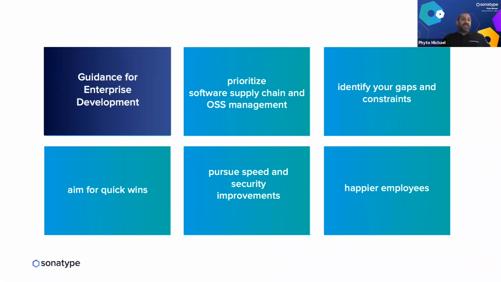Pursue speed and security improvements of those components, and really understand how quickly you can invoke those improvements in that code base. If you do all of those things, you get happier employees, less work to do, obviously better quality software, and less comeback from the powers that be higher up the management chain, to be honest.